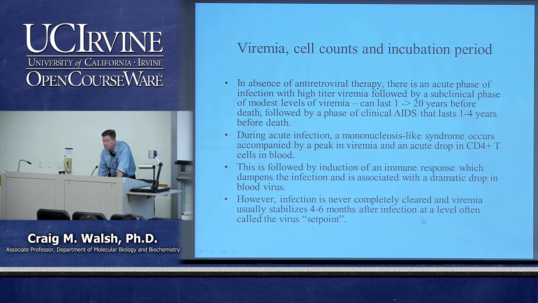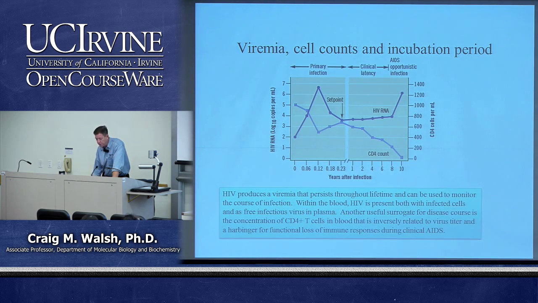Somewhere about 4 to 6 months, as I mentioned, there's this drop in CD4 cells and an increase in viral particles. But then that reaches a set point, and that set point is partly going to dictate how long that individual is going to be non-progressing to the next stage, which is symptomatic.